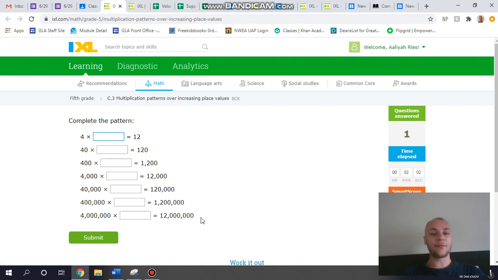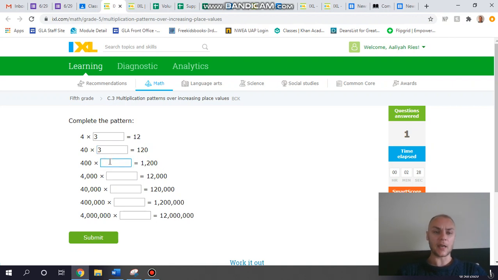What times 4 equals 12? If you said 3, you're correct. Nice job. 3 times 4 equals 12. What times 40 equals 120? 40 times 3 equals 120. What times 400 equals 1,200?